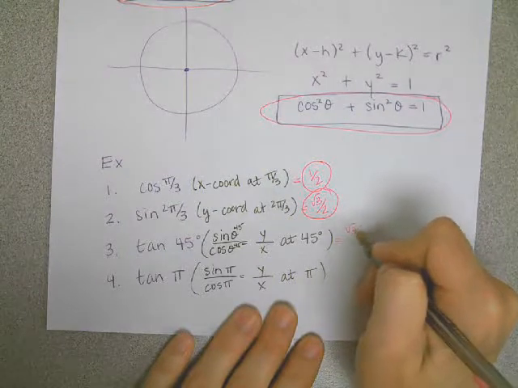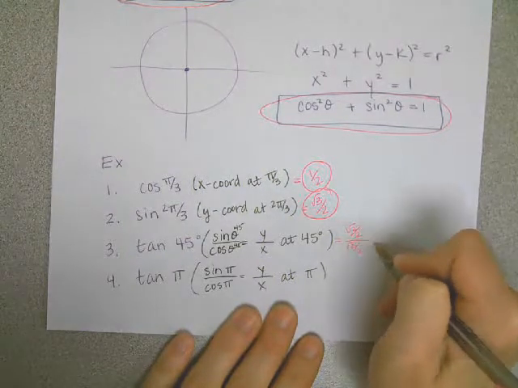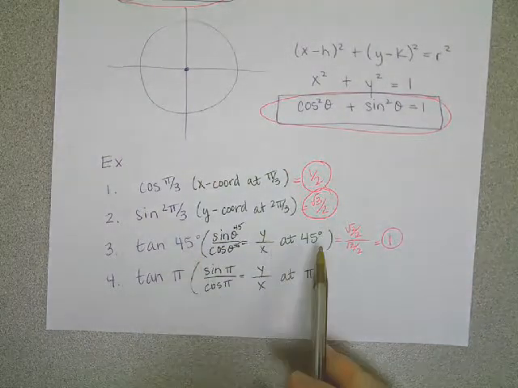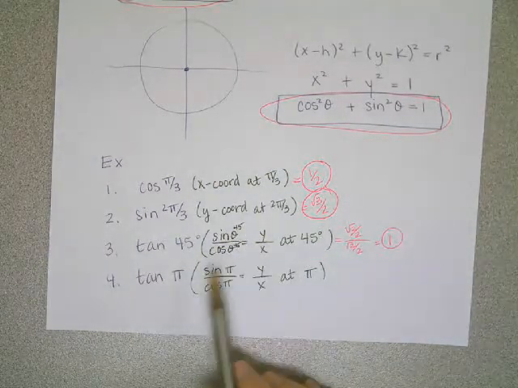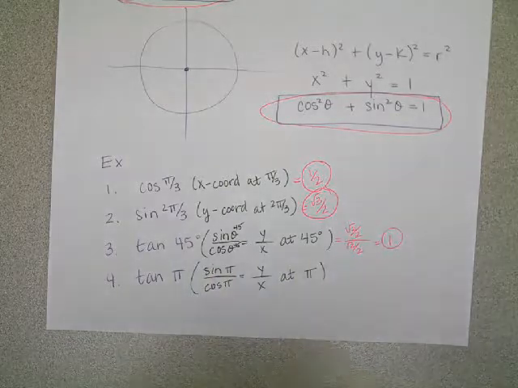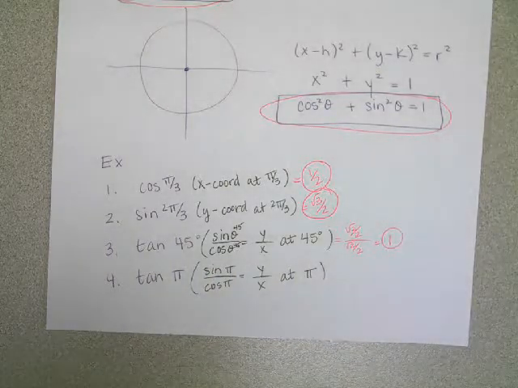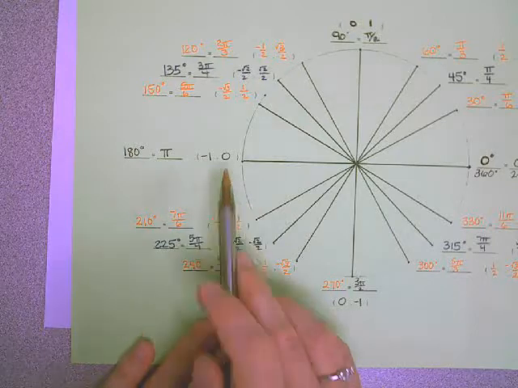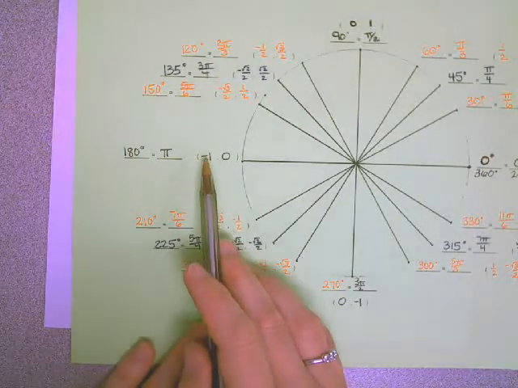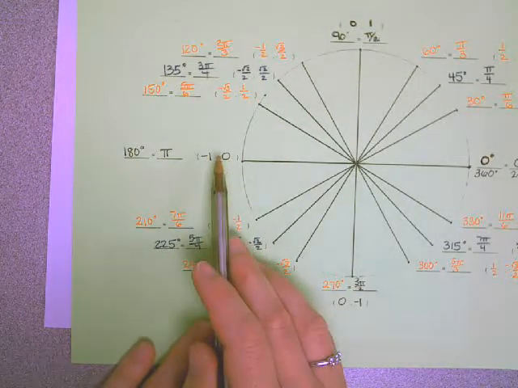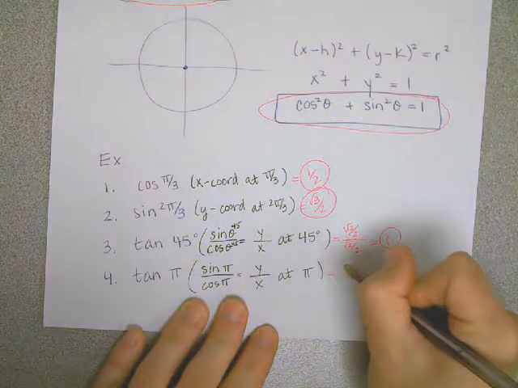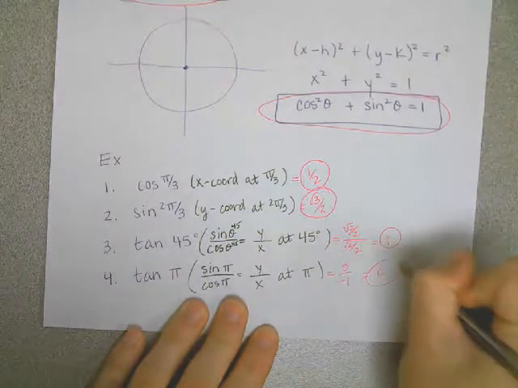So this would be square root of 2 over 2 divided by square root of 2 over 2, which simplifies to be 1. I like tangent of anything that is a denominator like pi over 4 or increments of 45 degrees. So tangent of pi, I pull out the unit circle, tangent would be sine over cosine, or my y value divided by my x value. So that would be 0 divided by -1, which simplifies to be 0.